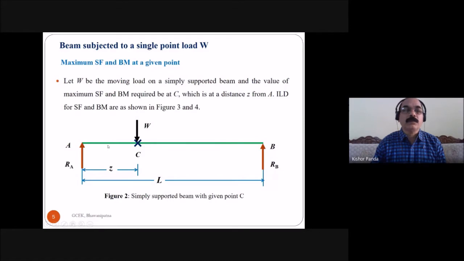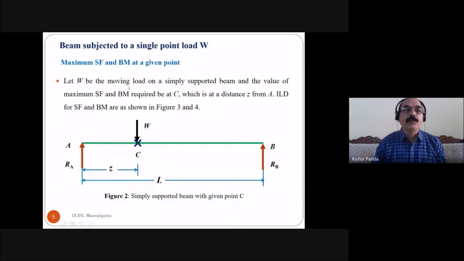This is your simply supported beam AB and this is the single concentrated load W. When the load W moves across the beam from support A to support B, you have to find the maximum value of shear force and bending moment at the specified section C. This section is at a distance Z from the support A. Then you have to draw the influence line diagram for shear force and bending moment at this section.